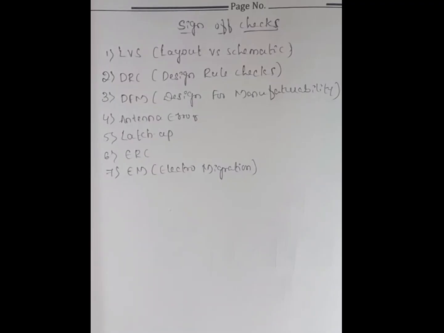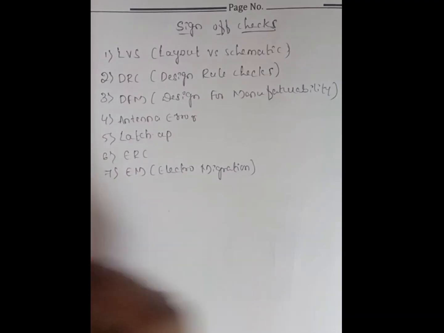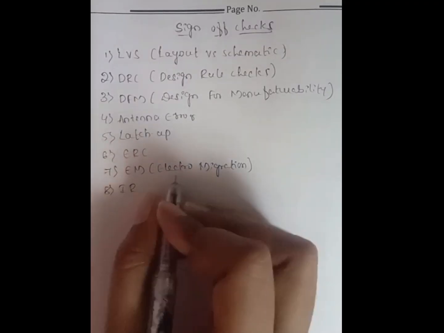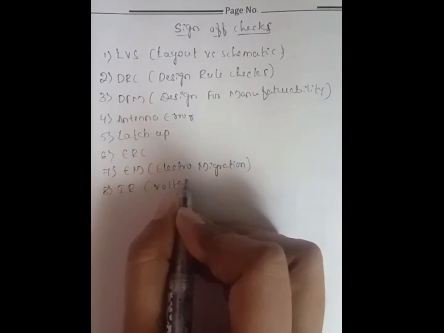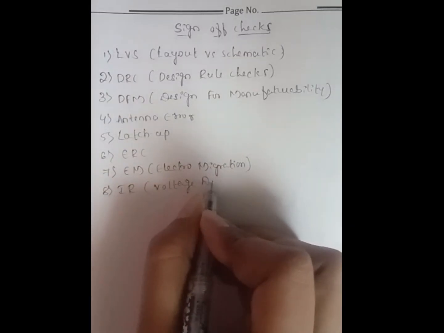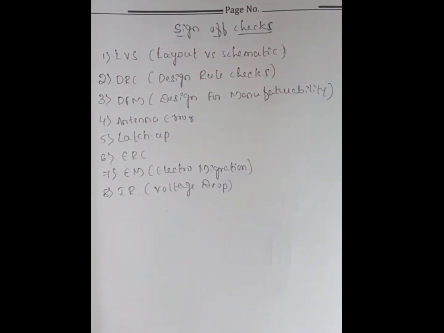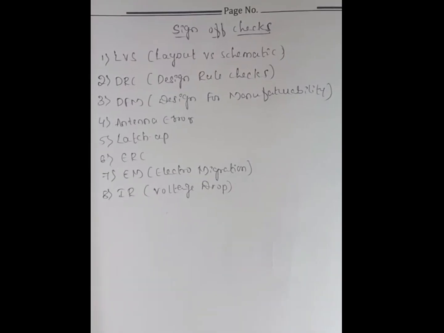This is EM, and it won't happen in a single day, it takes a long period. Then IR, which is voltage drop. Normally every metal has resistance, so due to that resistance a voltage drop will occur. This we call IR drop. So we should take care of IR and EM also.